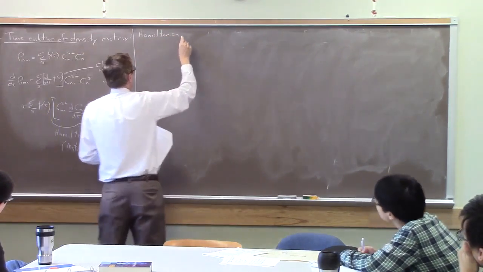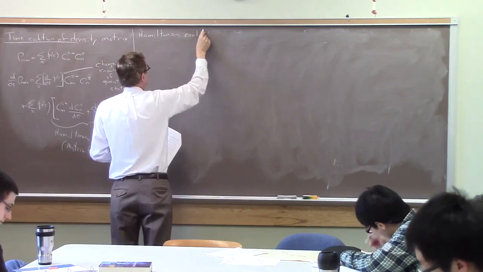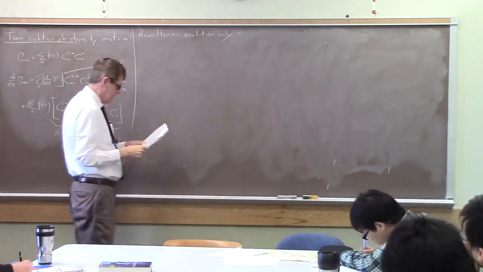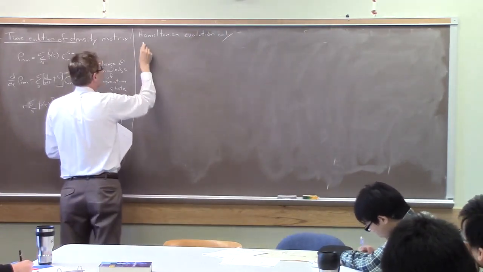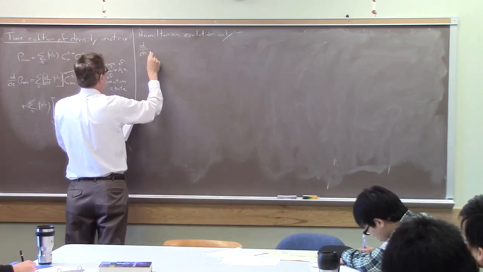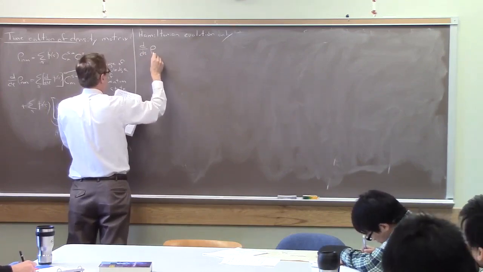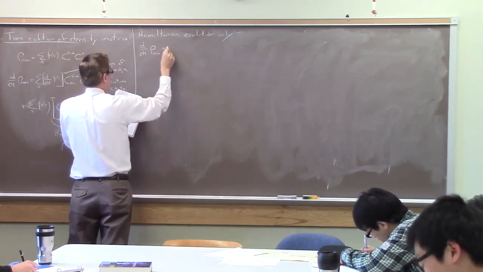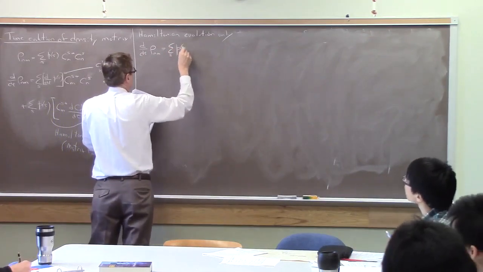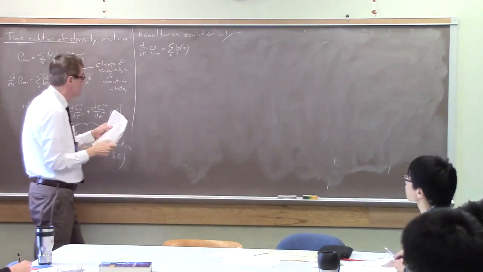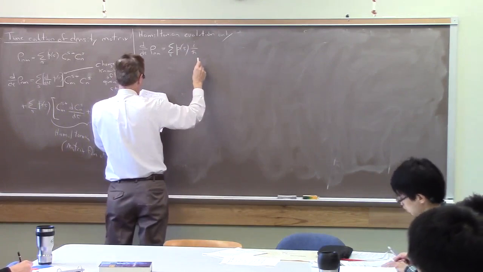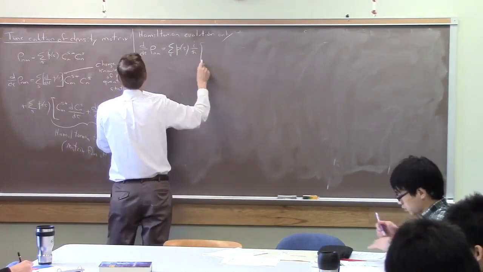So first of all, the Hamiltonian evolution only. We would then have d by dt of rho n m is equal to the sum over S, P of S, times i over h bar.